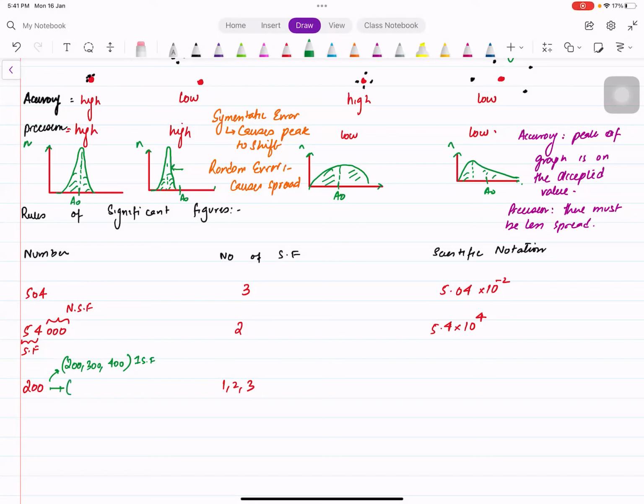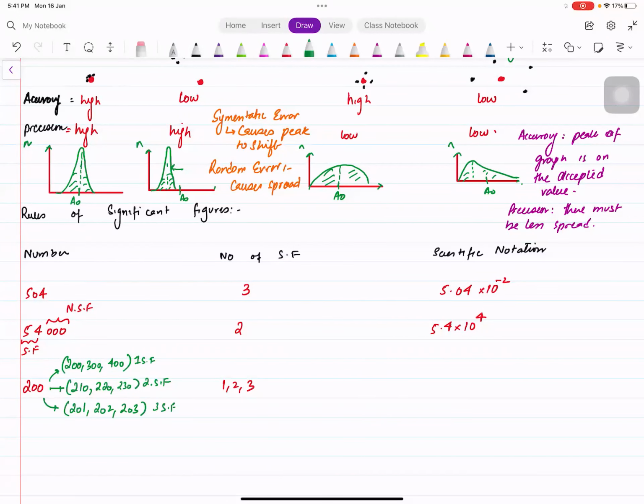If the series is 210, 220, 230, two numbers are changing, so it's two significant figures. And if the series is 201, 202, 203, then it's three significant figures.